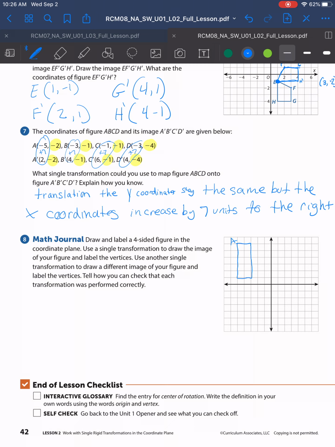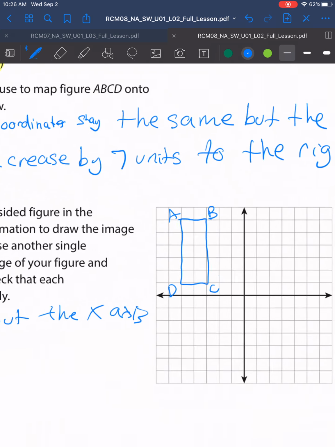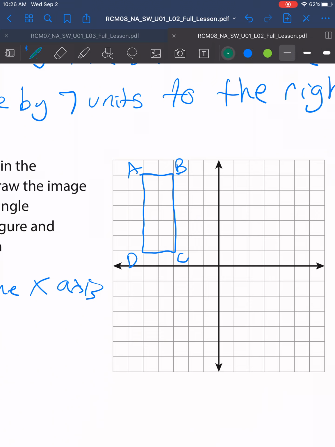This is A, B, C, D. I want my rectangle to reflect across the y-axis. So first one we're going to do is a reflection about the x-axis. So if I were to do a reflection, I'm going to use a new color, get red.